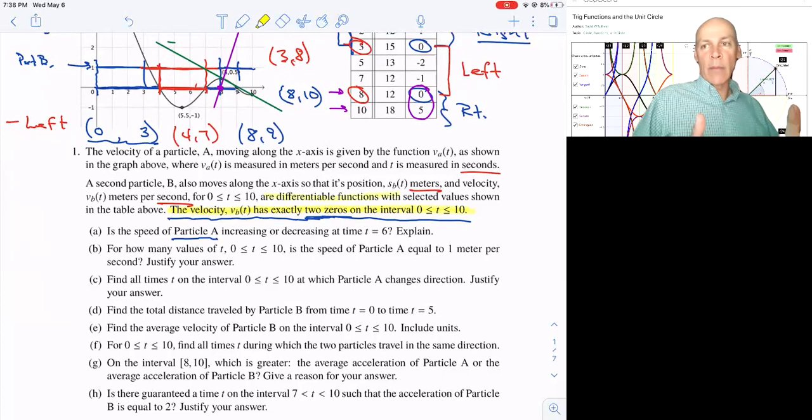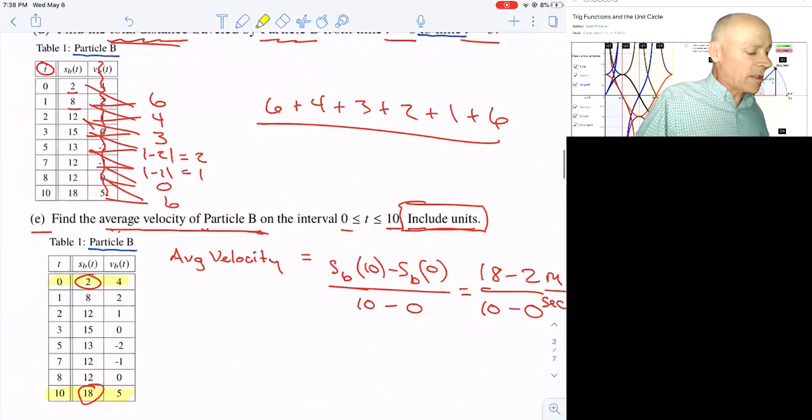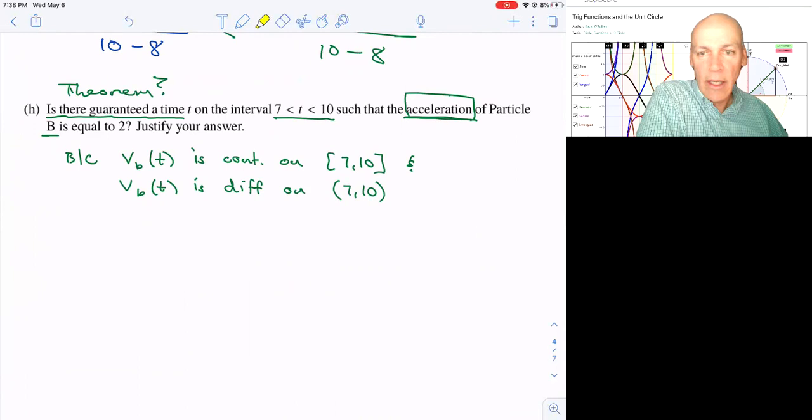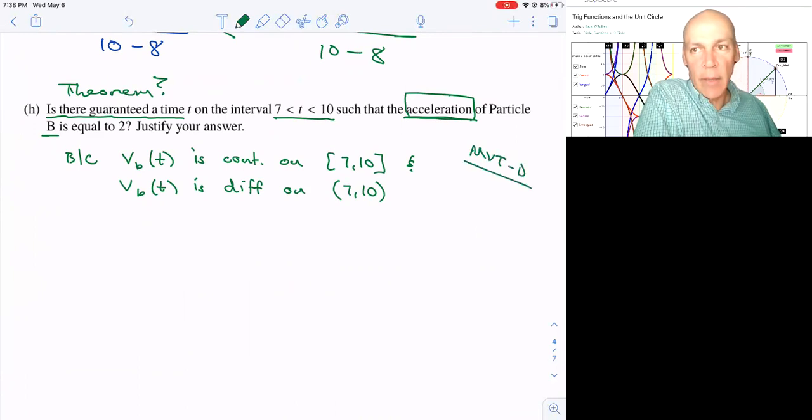Okay, so I'm good to go. They told me it's differentiable, therefore it's continuous. I do have to mention that in my answer. So I've met the two conditions necessary for the Mean Value Theorem for derivatives.